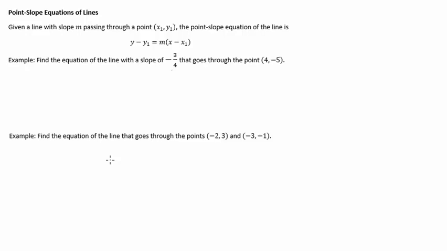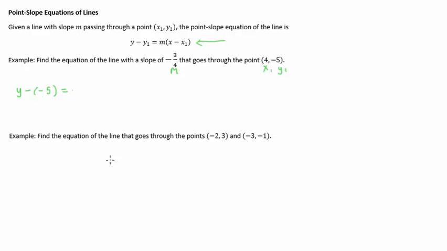So this is m, this is x1, y1, and we're putting it into this formula. So that gives me y minus y1, which is -5. And if you're on top of things, you can actually go ahead and change that and say that's really y plus 5, because 2 negatives make a positive.